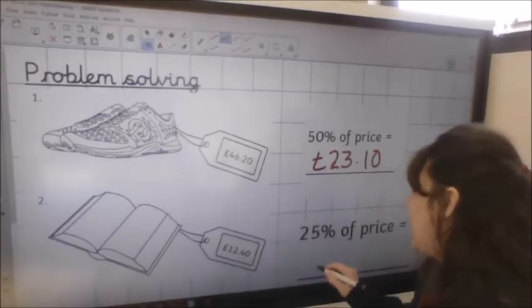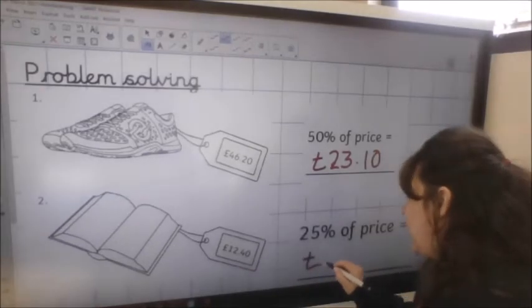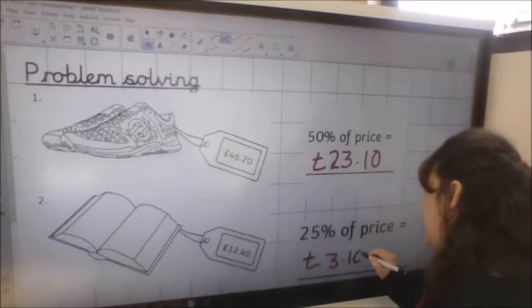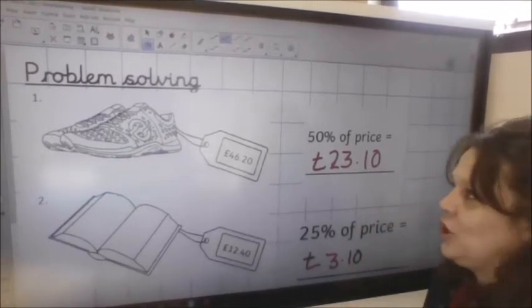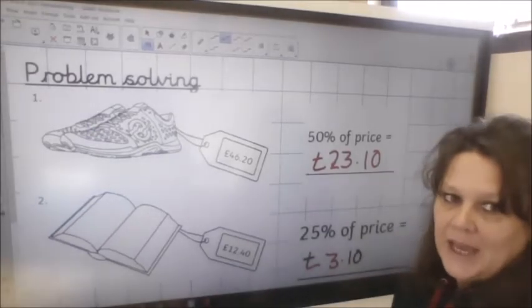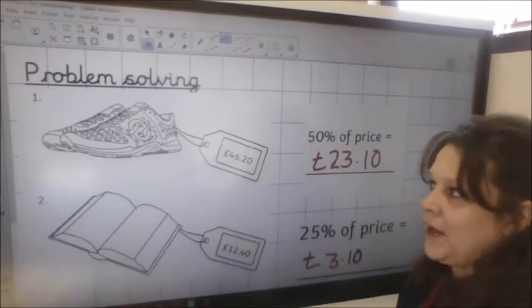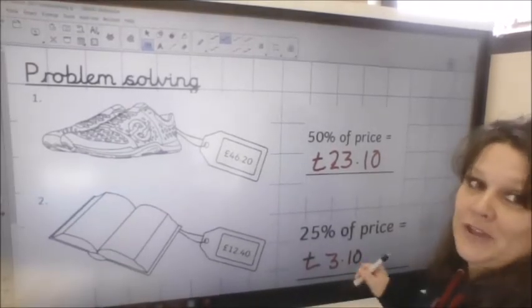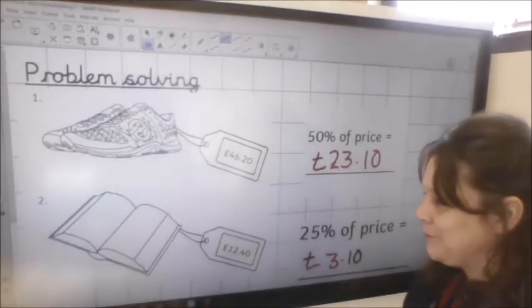Well, that is dividing this by 4, you should have worked out that it is £3.10. Okay, so that's the new sale price. Sorry, it's £3.10 because it was £12.40 to start off with.